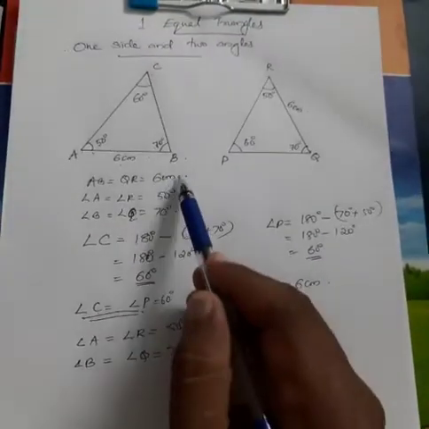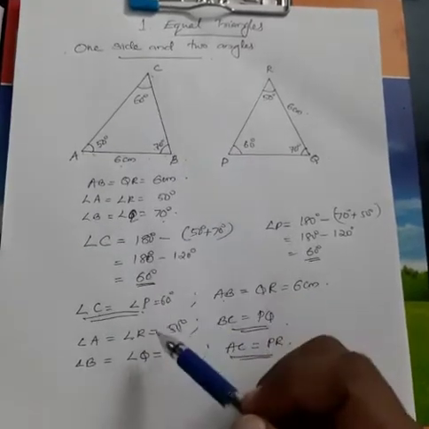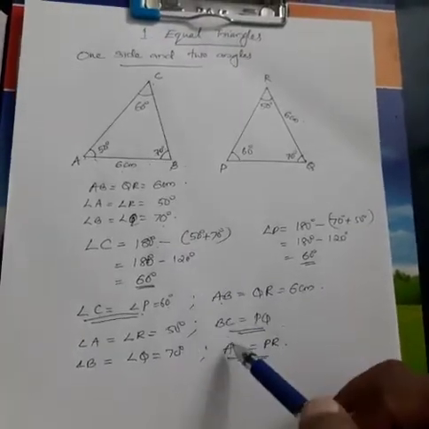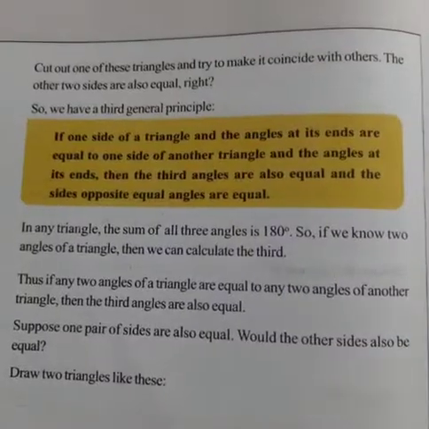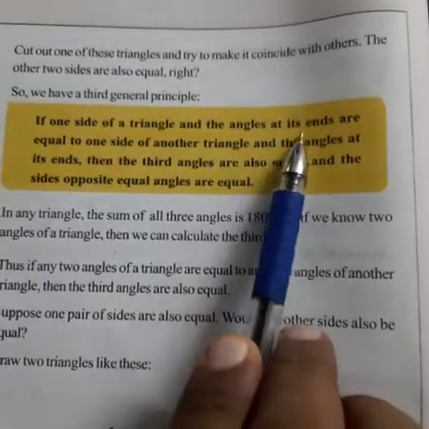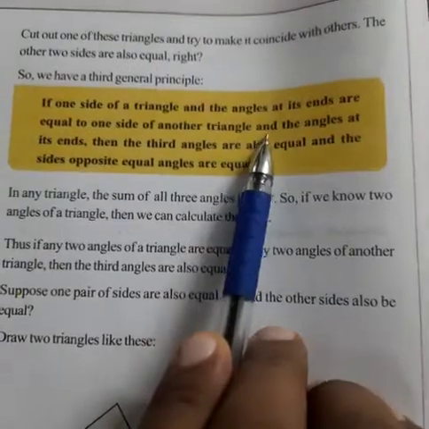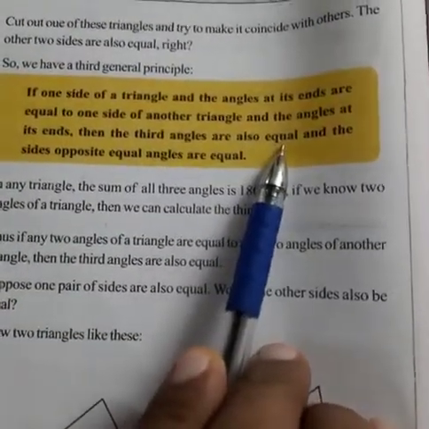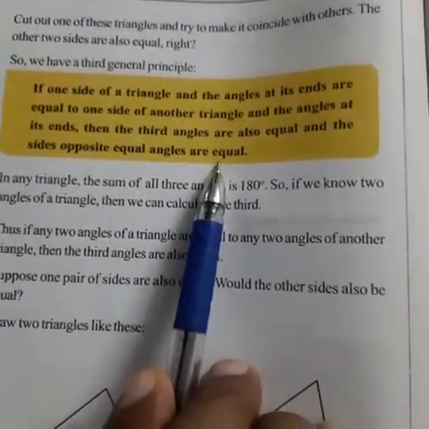Here one side and two angles are given. You have to find out the third angle and the other two sides. So this is the way you have to find out. If one side of a triangle and the angles at its ends are equal to one side of another triangle and the angles at its ends, then the third angles are also equal and the sides opposite equal angles are equal.